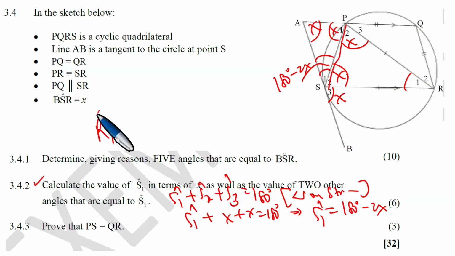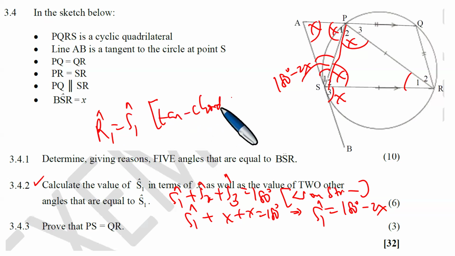So we're able to see that the angle R1 is S1, and it is the tangent-chord theorem. R1 is S1. Okay. What else are we able to achieve?